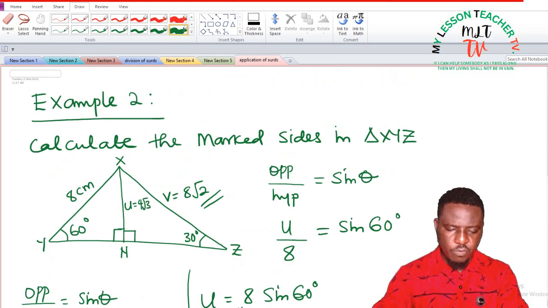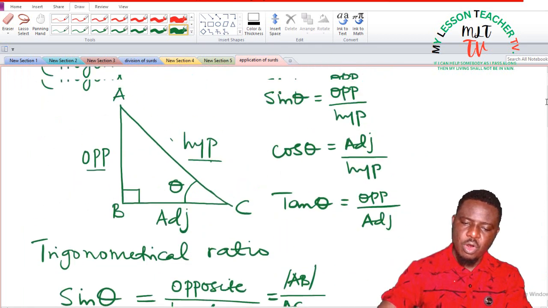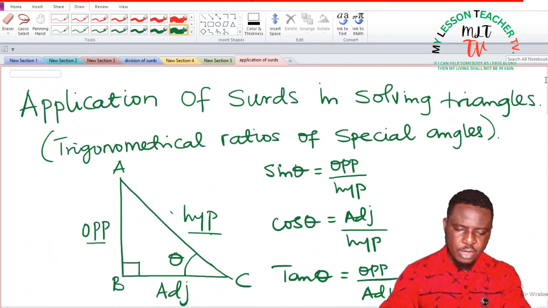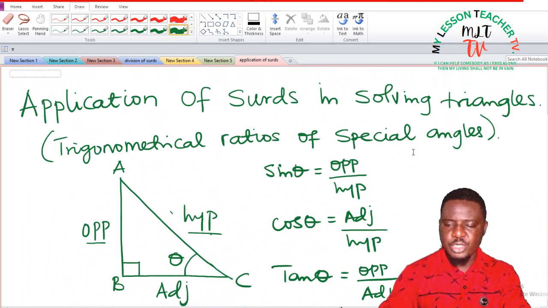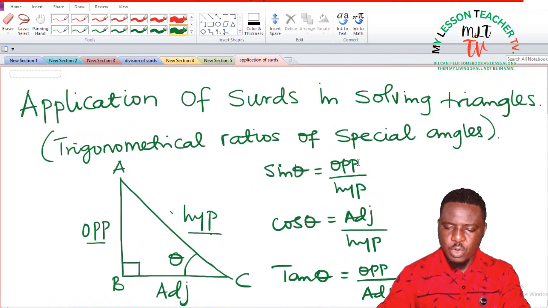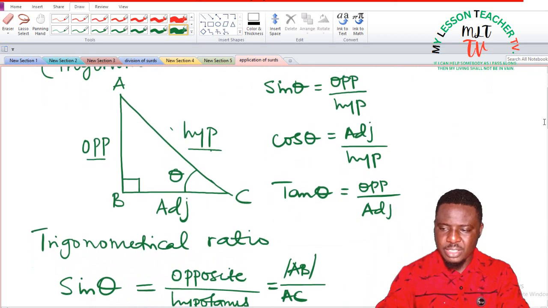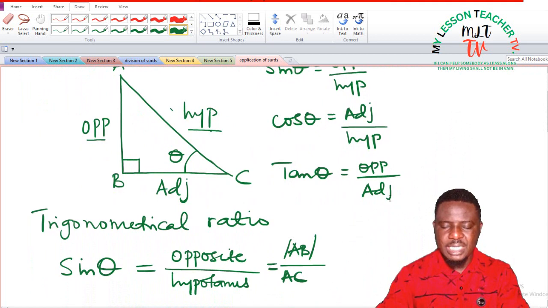That brings us to the end of today's class. In today's class, we have been able to use the application of surds in solving triangles, and we have also learned the trigonometric ratios of special angles of 30 degrees, 60 degrees, and 45 degrees, of which we say the trig ratio between the opposite and the hypotenuse side is said to be the sine of the included angle, and that of the adjacent side to the hypotenuse side gives us the cosine of this angle, as well as the ratio of the opposite side to the adjacent side is said to be the tangent of that angle.